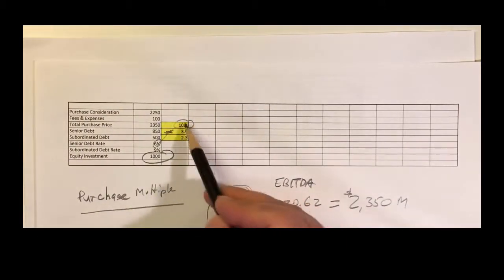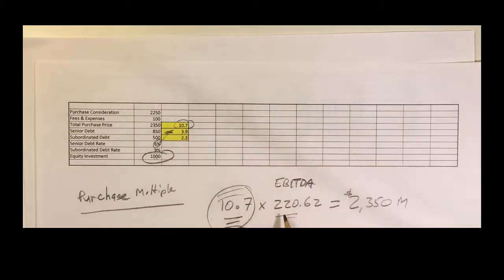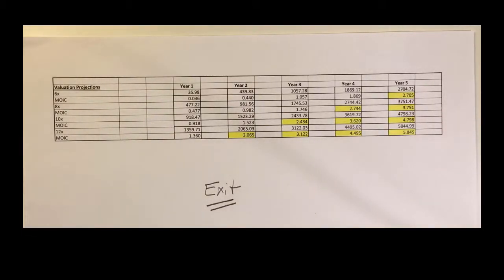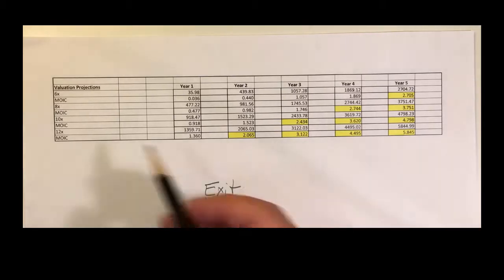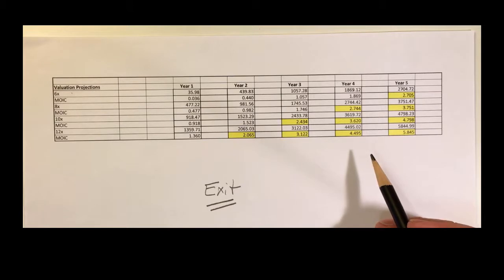We bought it for 10.7 times; 2.35 billion was 10.7 times 220 million of EBITDA. We would expect that the next person to buy this business is going to buy it for some multiple of the then current EBITDA, right?